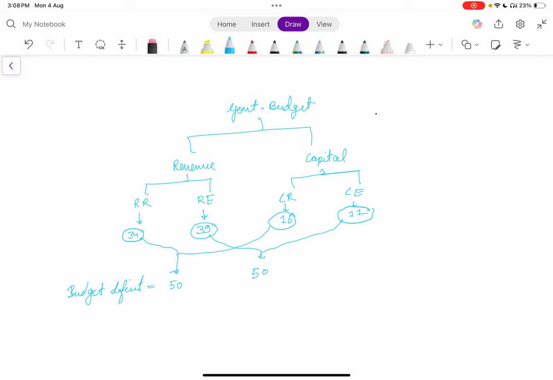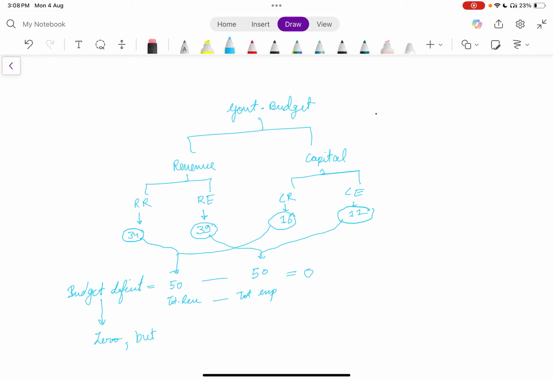So it also amounts to 50. If we deduct the total expenditure from the total revenue of government, it will come out to be 0. So our budget deficit will be 0. But there's a catch here.